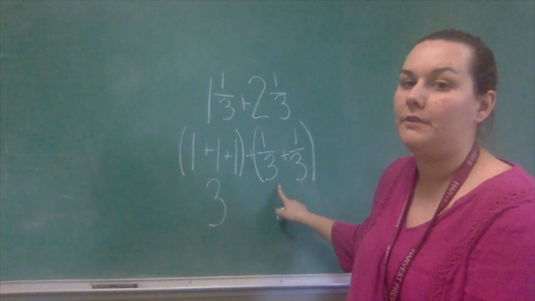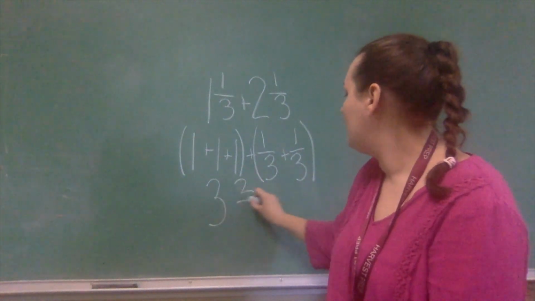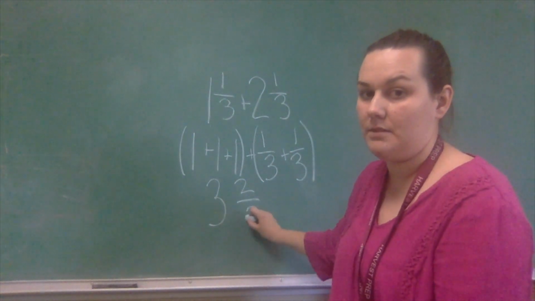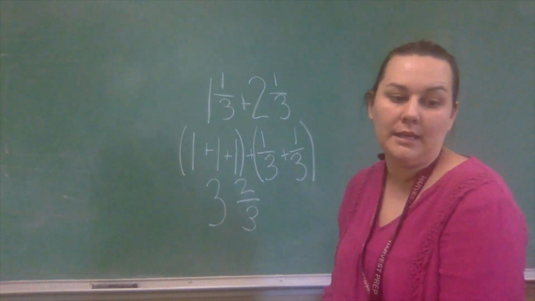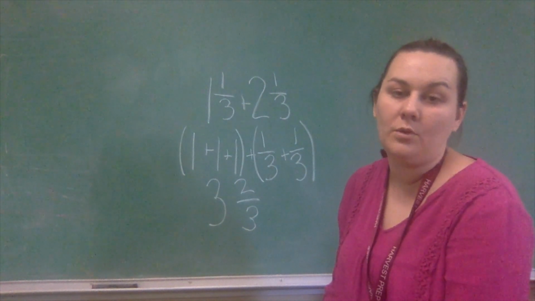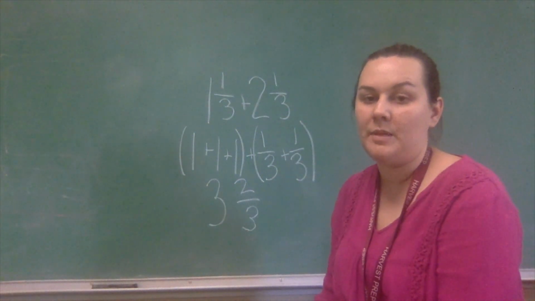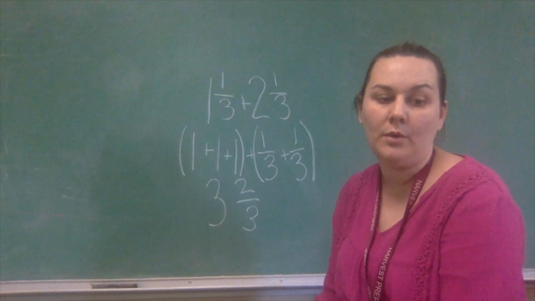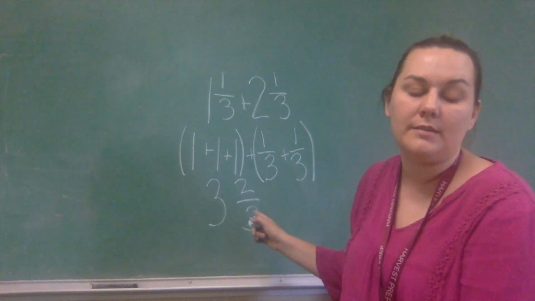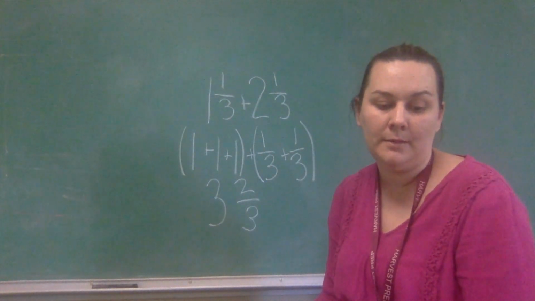And then I have like fractions here, so I can do 1 plus 1 gives me 2. My denominator stays the same to be 3, so I have 3 2/3. So this is going to be already in simplest form. So that will be my final answer for example 2. You can just write this way on the side of your page, or you can go through and do it in your book as they have it.